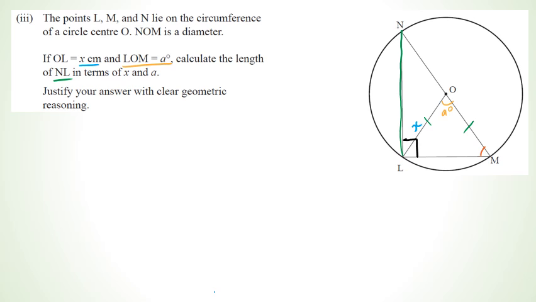So because you have A degrees there, I could say that angle OML, that's the orange angle I'm looking at, is equal to 180 minus A, divided by 2. Okay, and that's because it's base angles in an isosceles triangle.